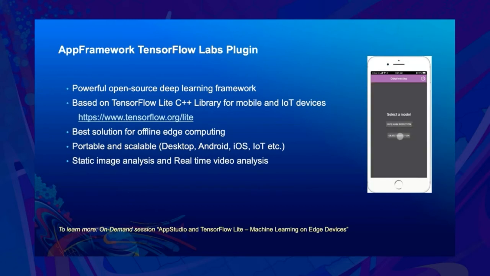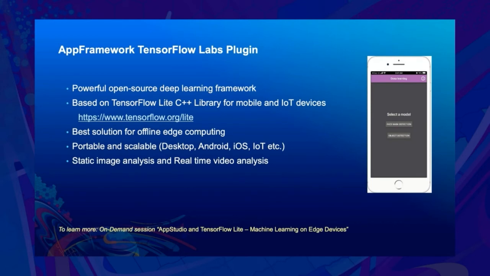In AppStudio 4.4, which was released in December, we introduced a new AppFramework plugin called TensorFlow for offering machine learning support. This plugin is currently a beta feature. AppStudio uses the open source TensorFlow framework for adding machine learning support. TensorFlow is an end-to-end open source platform for machine learning.